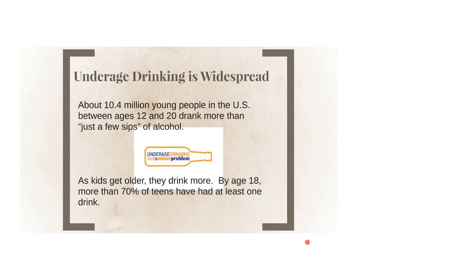And it's become one of the major problems in the United States for several reasons, but this is just some of the demographics and the prevalence of the problem. So we've got kids drinking earlier and earlier, down to age 12.